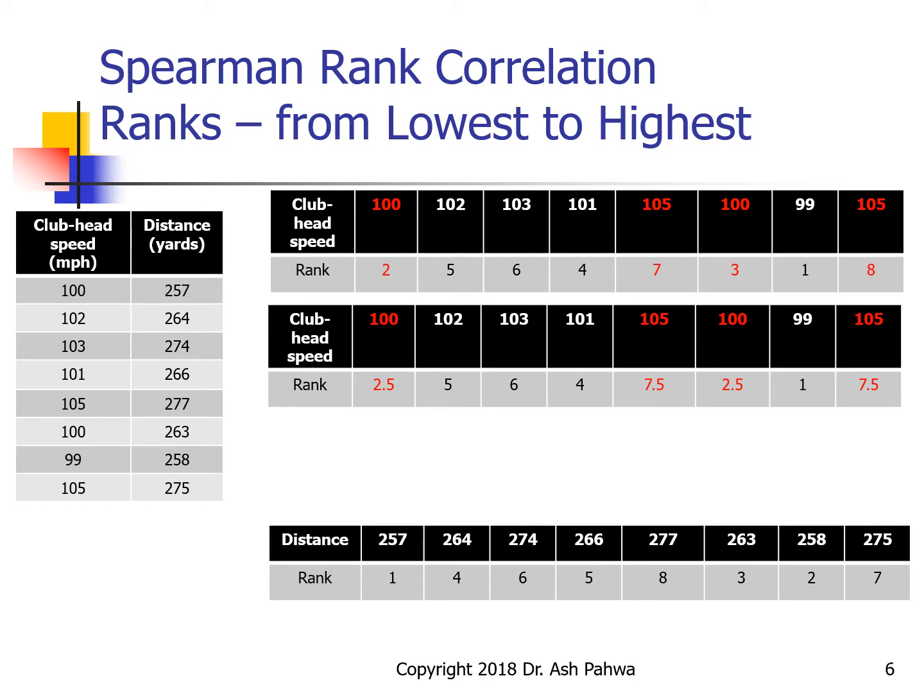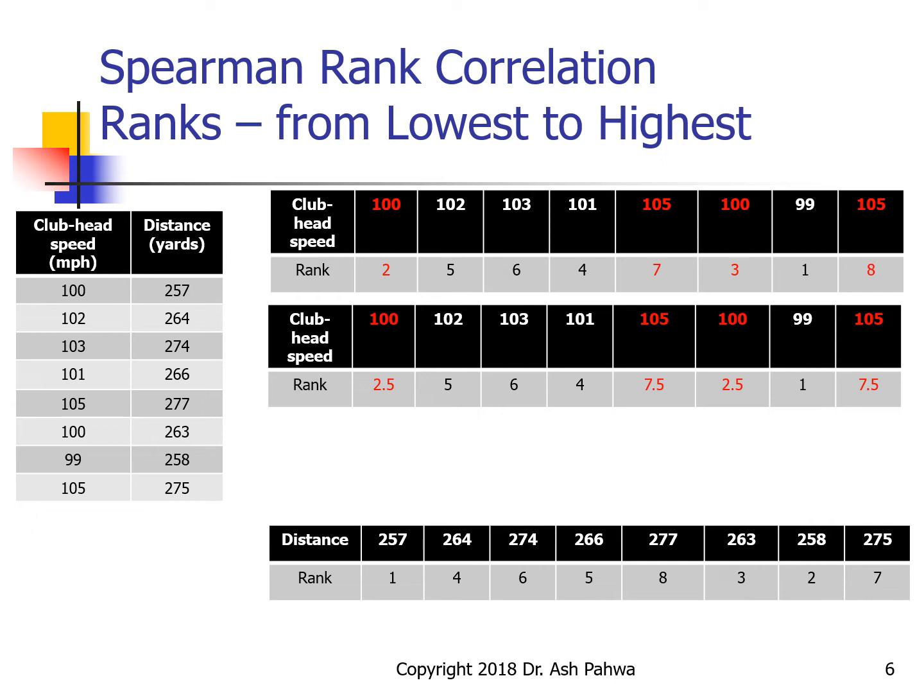It doesn't really matter. If we choose to use lower to higher, then both variables, club head speed and distance, should follow the same order. So let us start here with lowest to highest. And even if we choose the order to be from highest to lowest, the answer will come out to be exactly the same. So let us start with club head speed.